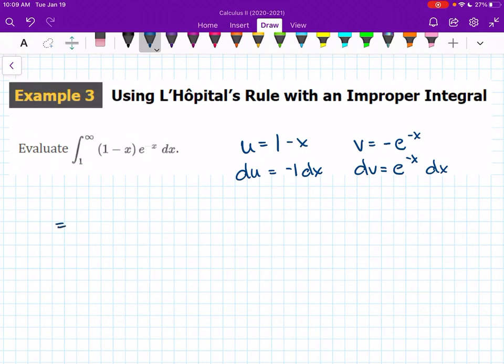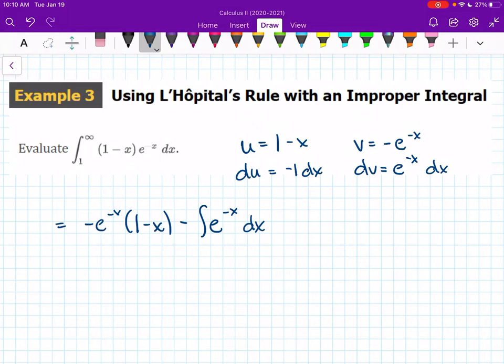So then I'm going to have v times u, so negative e to the negative x times 1 minus x, minus the integral of v du, so negative e to the negative x times negative 1 dx. Great.